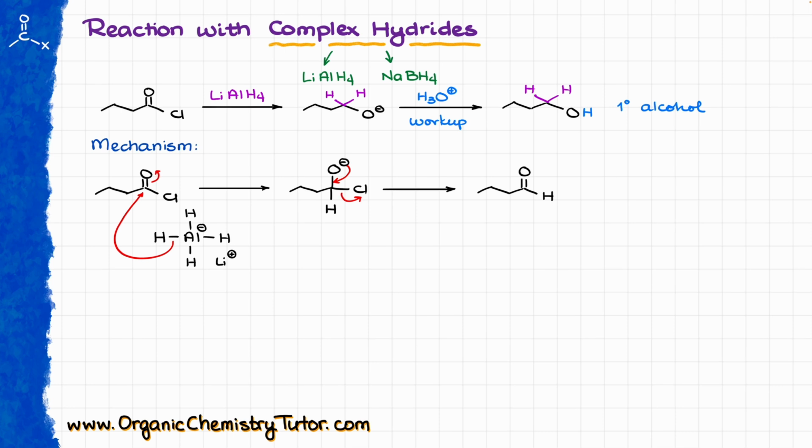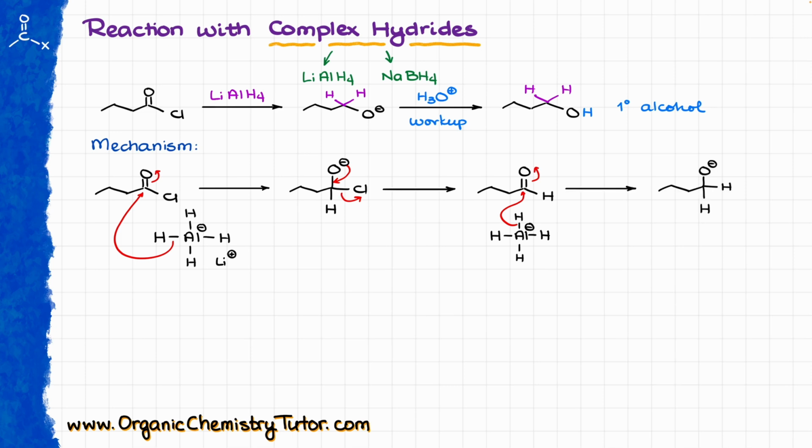As soon as we form this aldehyde, we still have lithium aluminum hydride present in our mixture, so another equivalent of lithium aluminum hydride, or whatever was left from our first equivalent, is going to come in and attack again. For simplicity's sake, I'm just showing a fresh equivalent of aluminum hydride here, so this guy is going to come in, attack our carbonyl again, giving me an alkoxide that's going to look like that.